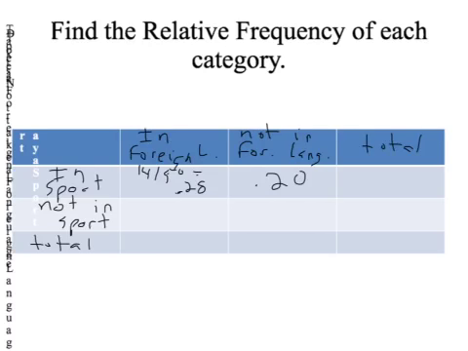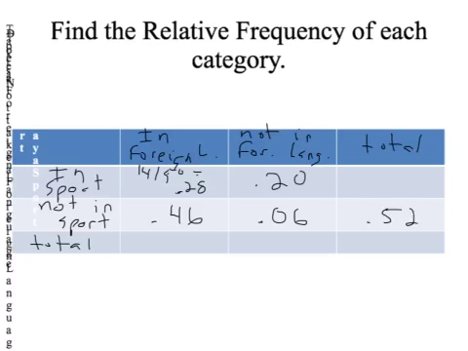To find the relative frequency of these students in a foreign language but not in a sport, you would do 23 divided by 50, which would give you a 0.46 relative frequency, 46%. 3 divided by 50 would give you 0.06 or 6%. This would give me a 0.52 if I add it across.